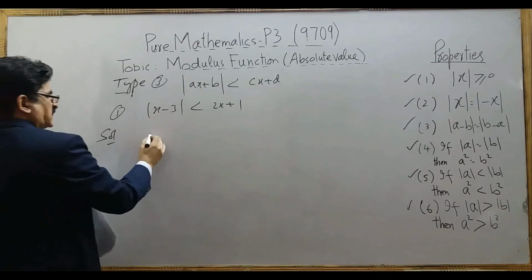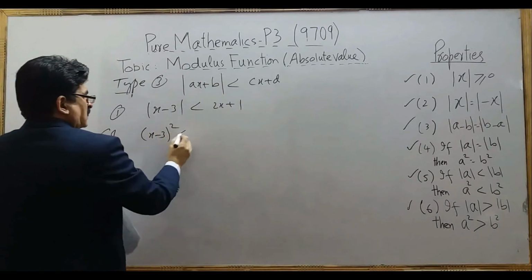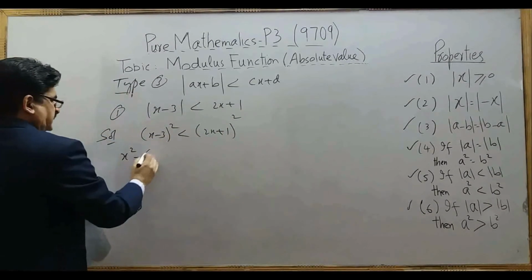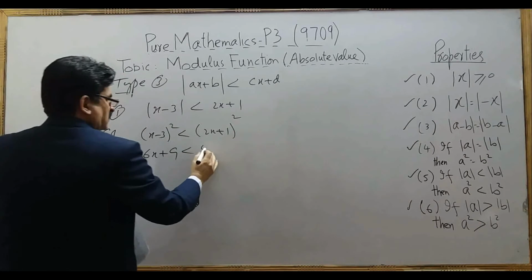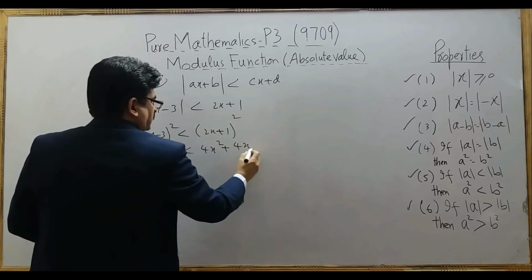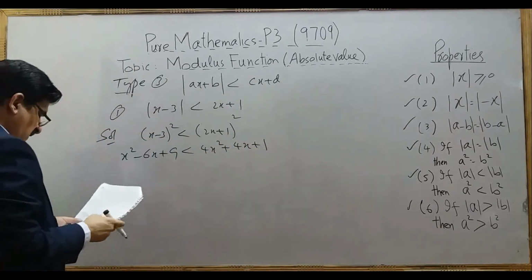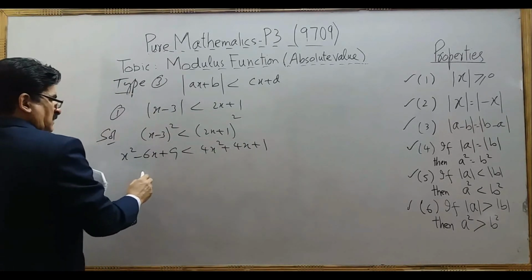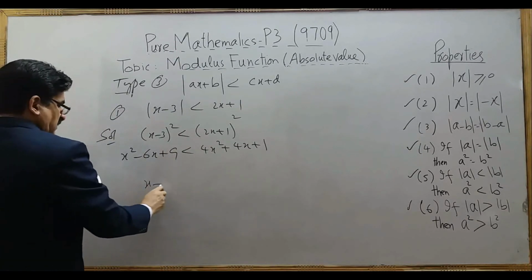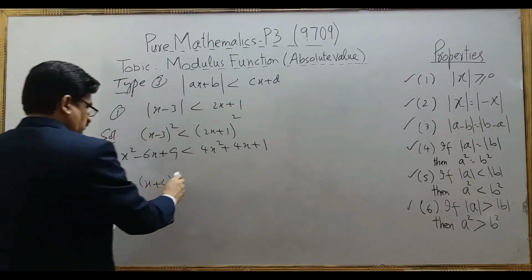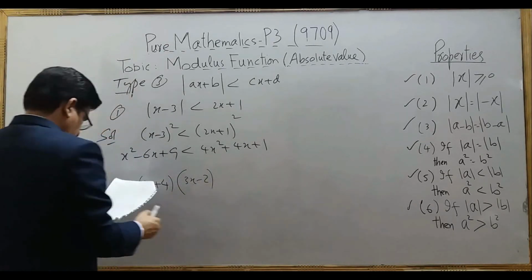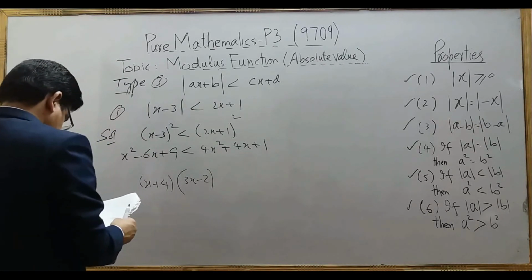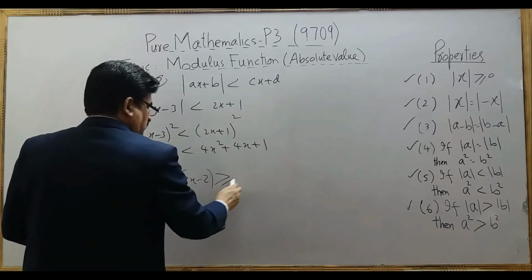Solution. Now squaring both sides, simplify it, expand it, you will have 4x square plus 4x plus 1. Now if you simplify it and factorize it, you will get (x plus 4) into (3x minus 2) greater than or equal to 0.